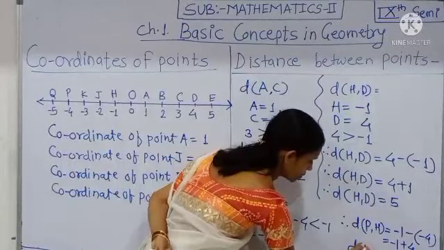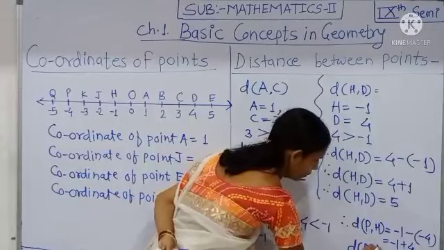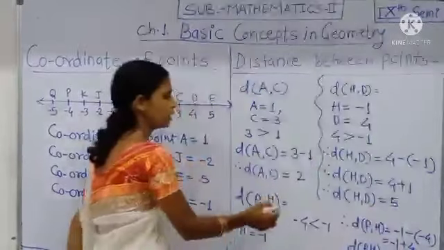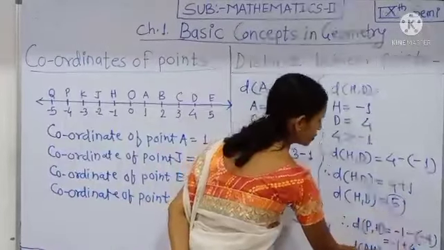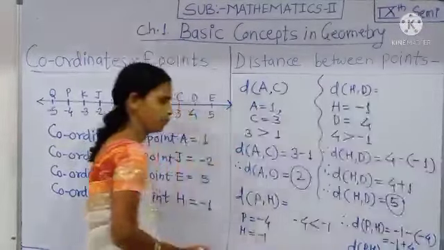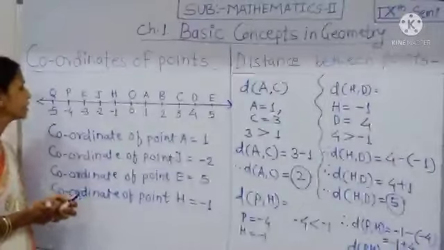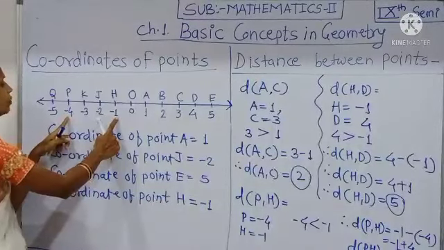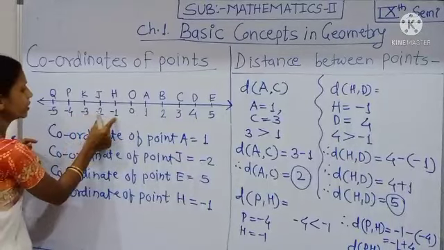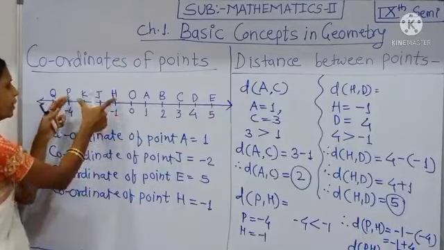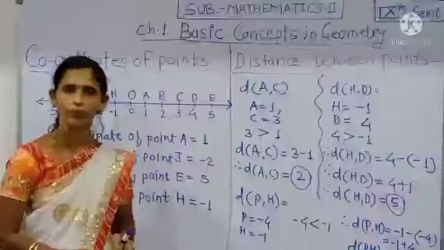Therefore the distance between P and H is 3. Focus here, the distance is always positive, though the coordinates are negative. See here, 1, 2 and 3, the distance between P and H is 3.